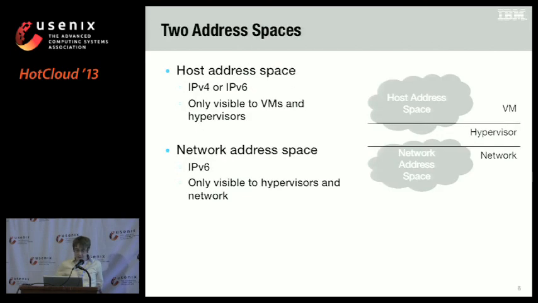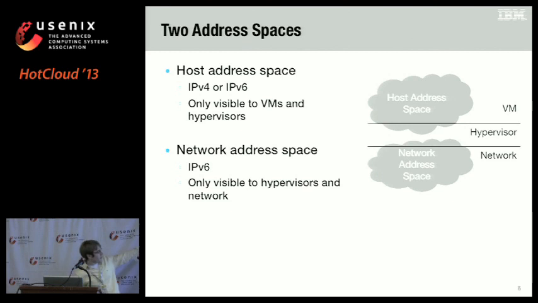Okay, so the first thing is the addressing. There are two address spaces in AIN. There's the host address space, which is the one the VM sees. This could be IPv4 or IPv6, and it's only visible to the VMs and the hypervisors, so this is not what is routed through the network.